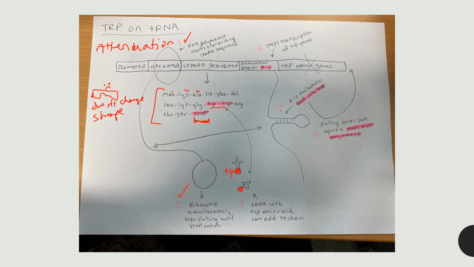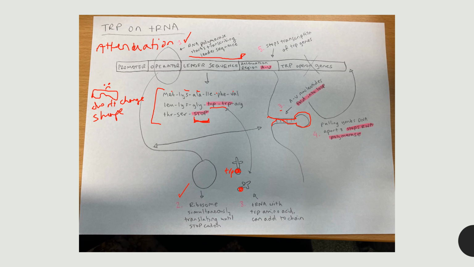Stopping at this stop codon means these weak AU pairings fold into these hairpin loops or attenuation structures. Because they're folding, and when you fold something the ends get pulled or yanked, this pulling yanks the DNA apart, which therefore stops RNA polymerase from transcribing.